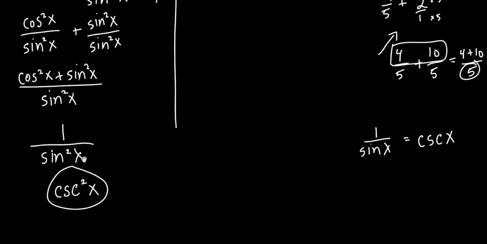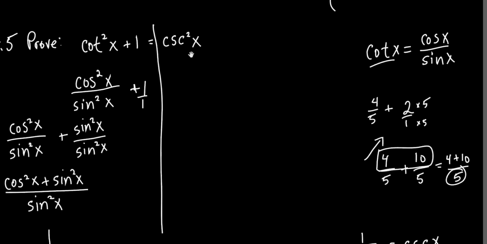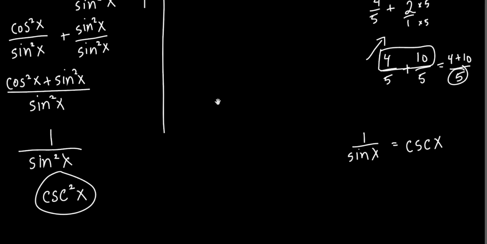I remember I have a 1 over sine of x. What is that? It's the cosecant of x. So 1 over the sine squared of x is the cosecant squared of x, which is the same exact thing that we were trying to get it to be. That is how you do these proofs.